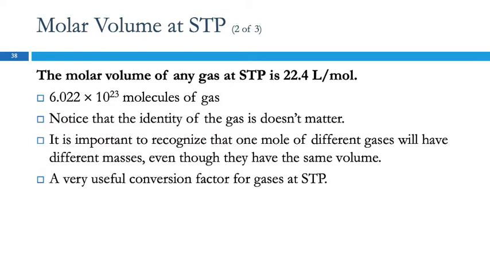So if you have 22.4 liters of gas at STP, it's going to have a mole of gas in it, doesn't matter what kind of gas. But those gas samples will have different masses. They have the same number of particles, but some of them have heavy particles and some of them have light particles.